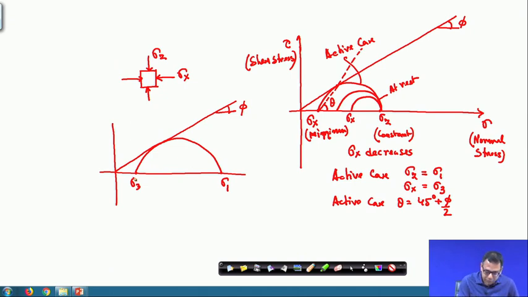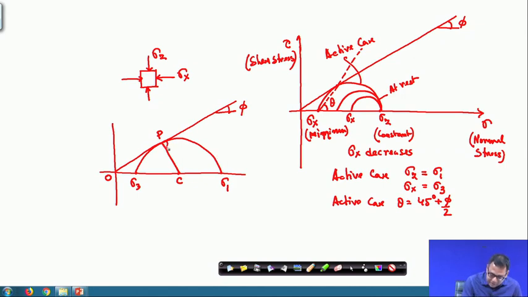Now, we have to determine the value of the active earth pressure. This is the center C and this is the origin O. If I join the center C with the point P where the Mohr circle touches the line, then at this point P the failure envelope is a tangent to the circle.